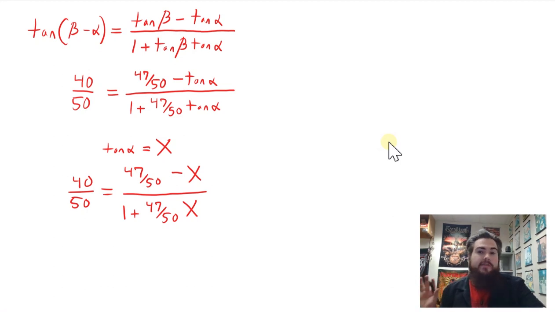This is no longer even a trig problem at this point. All I'm doing is a little bit of algebra in order to solve for x. We'll take a couple steps, but we can work through this. If I multiply both sides by the denominator on the right, I can start to maneuver this around. And what I can actually do to make this a little bit easier, because I see all of these have fractions of 50, I'm going to multiply by that, I think.